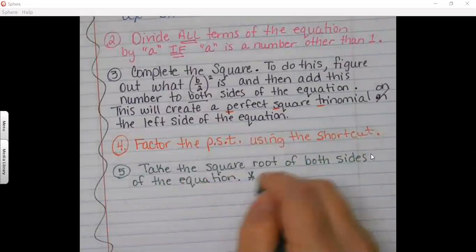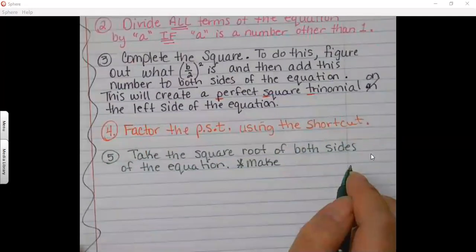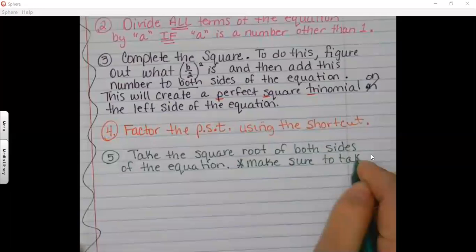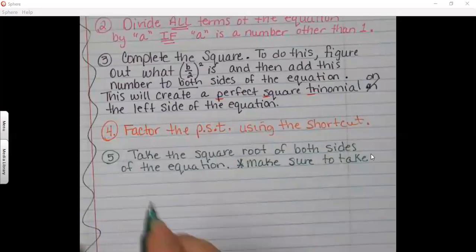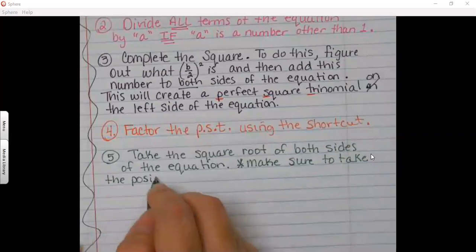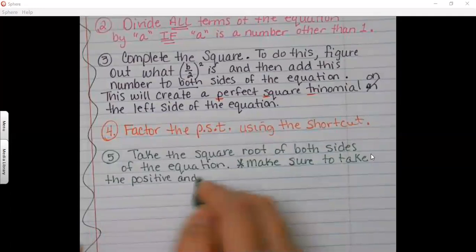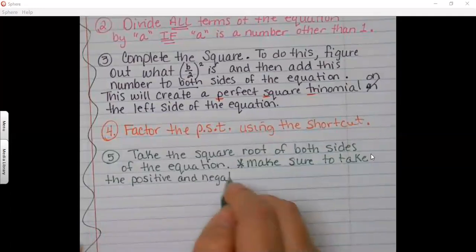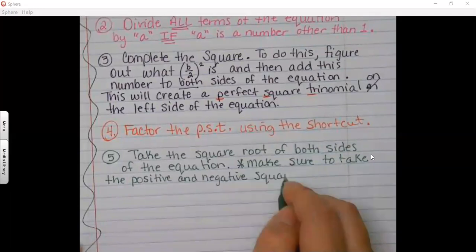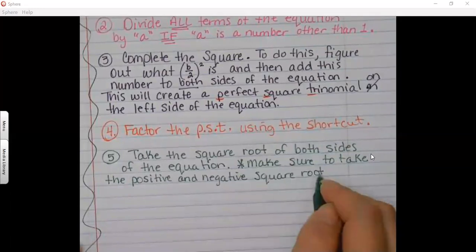So if you don't do this part, you're only going to get 1 answer, and that's only halfway correct. So make sure to take the positive and negative square root of the right side of the equation.